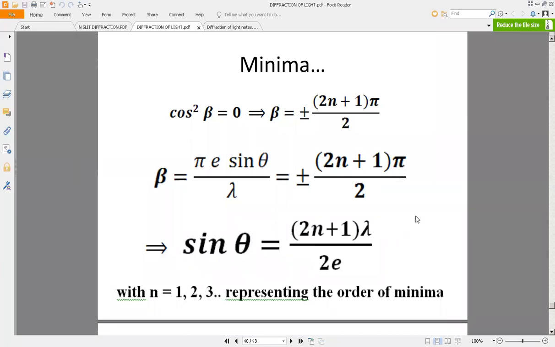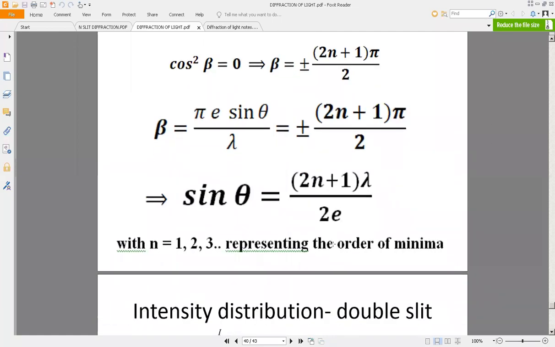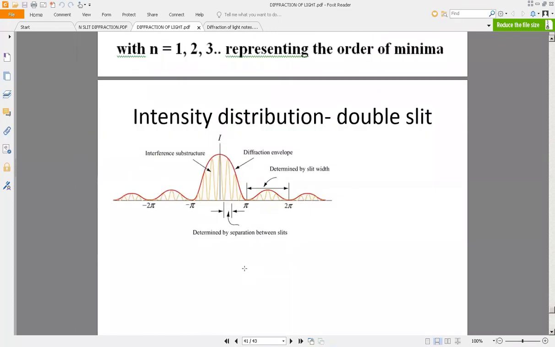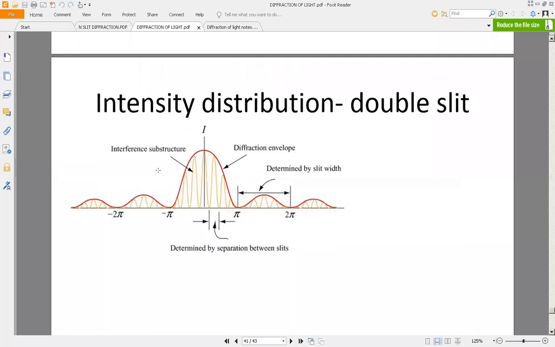Okay, right. Now we have evaluated the locations of maxima and minima. Now it is time to sketch the intensity distribution due to the double slit. Please pay attention here. I am trying to zoom it. Now please recall that in the single slit case, I drew this red color line as the sin alpha by alpha term. Right?